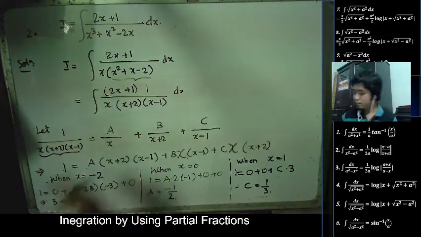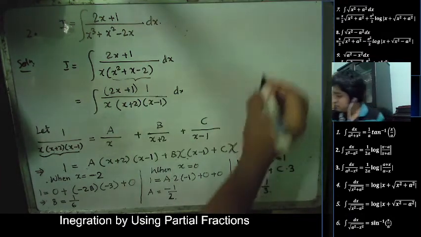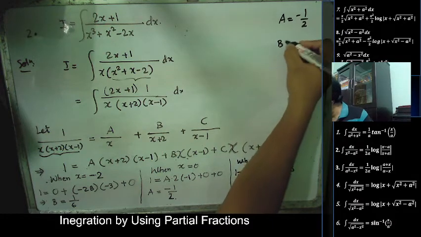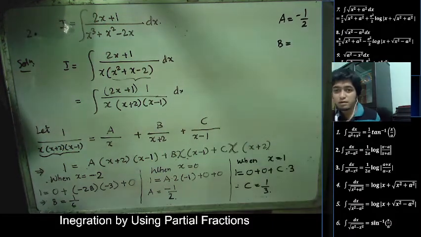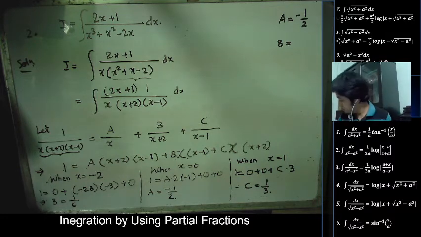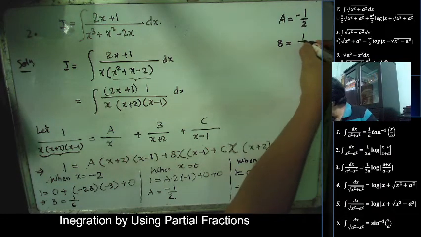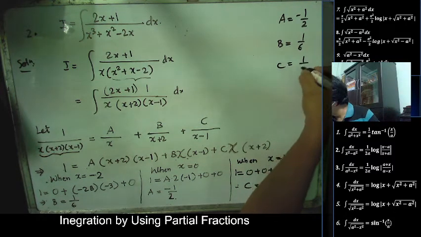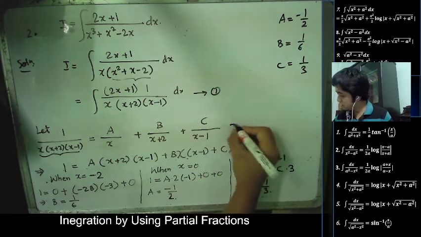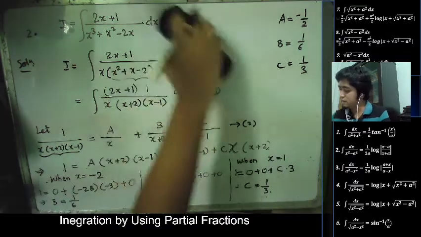Again, what I can do, I can note down the values. b is equal to 1 by 6, and c is equal to 1 by 3. Again, what I will do, I will substitute this equation 2 in equation 1.